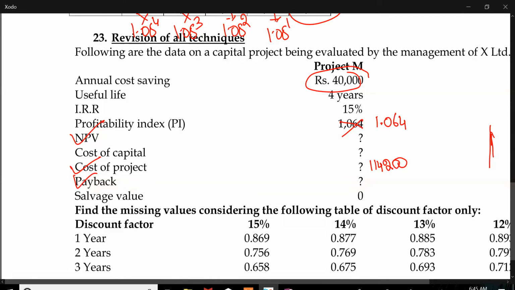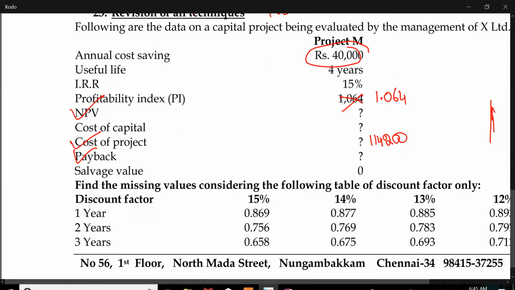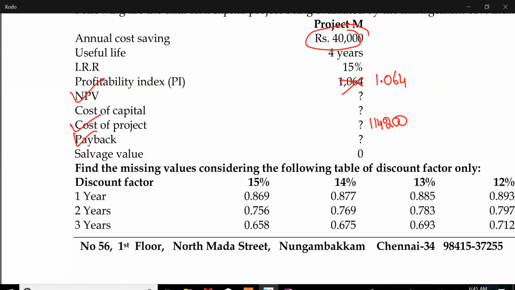Question number 23. Point number 1. IRR is the rate of return at which NPV of the project is 0.